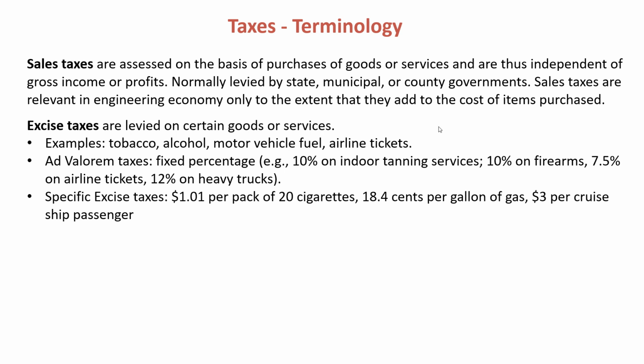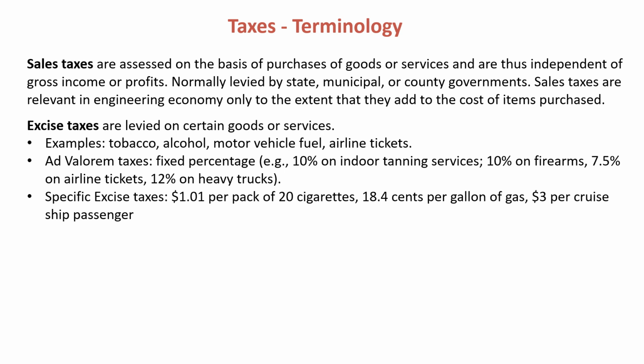Airline tickets have special excise taxes to help fund the FAA, flight traffic controllers, ground operations, and so on. Of excise taxes, there are two main categories. Those that are levied on a percentage basis, the ad valorem taxes, where, for example, if you use indoor tanning services, the IRS charges 10% as an excise tax.